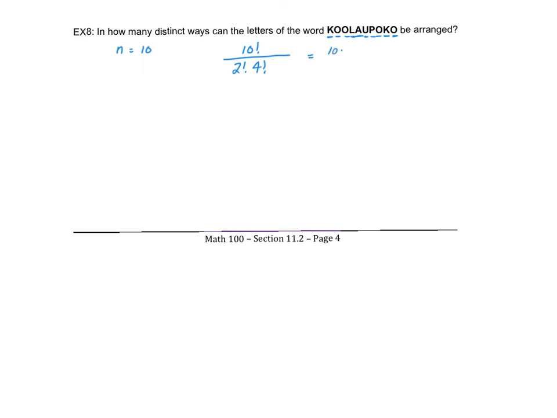I can go 10 times 9 times 8 times 7 times 6 times 5 times, I see a 4 factorial. Again, you don't have to do this by hand. The 2 factorial is 2 times 1, and I'm going to keep the 4 factorial because it cancels. So does the 1, so I never really have to write that. And then I can divide the top and bottom by 2 if I wish.